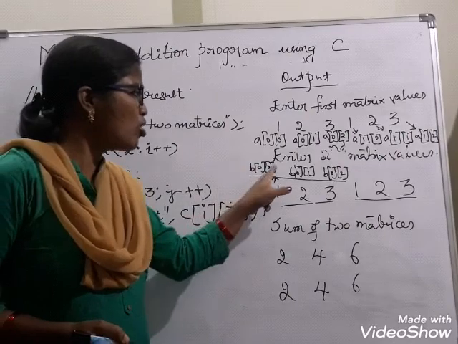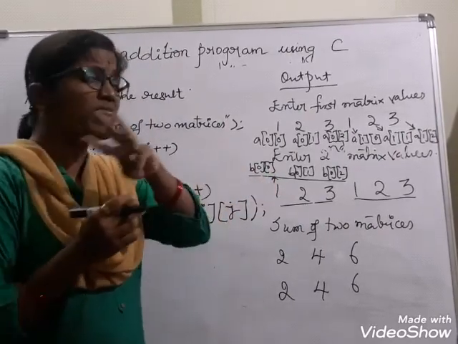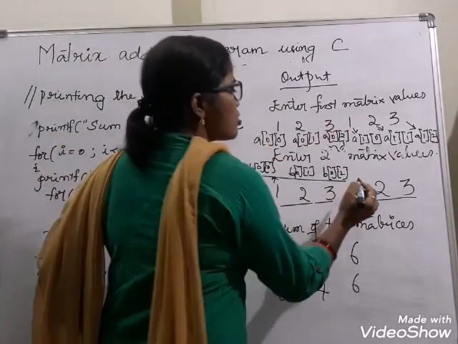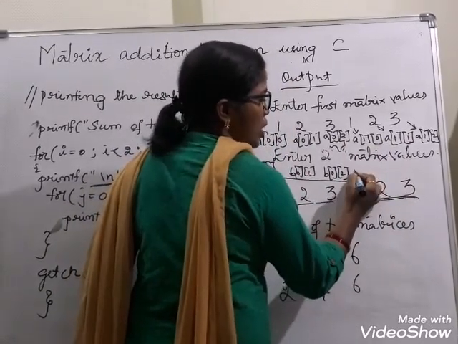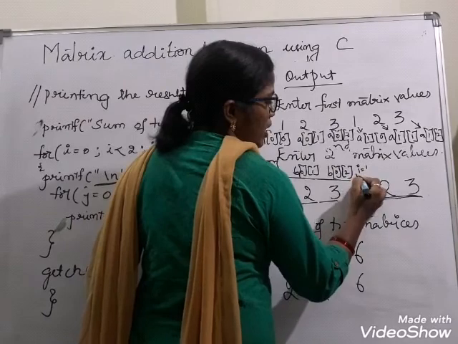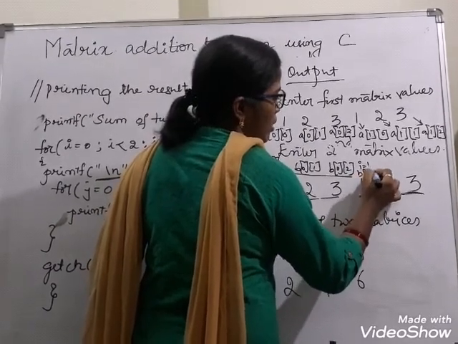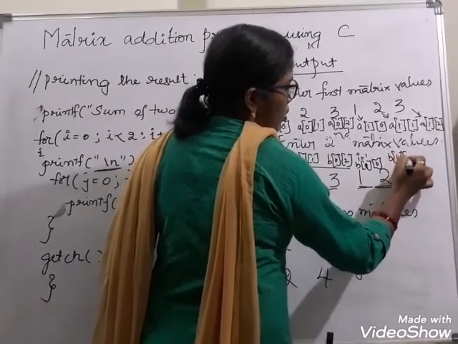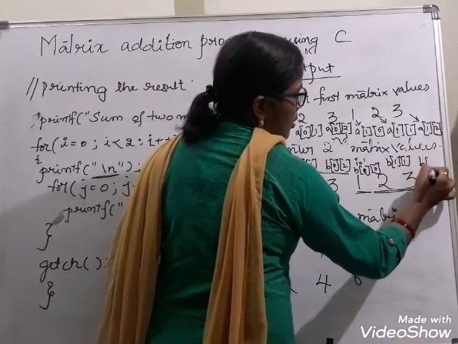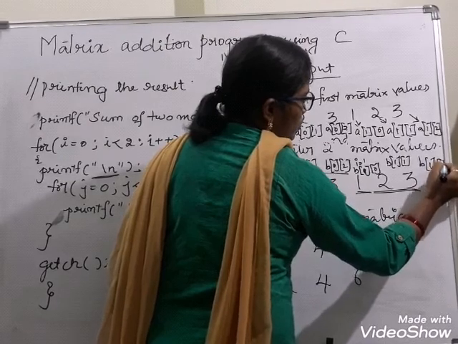So for 0, the inner loop is repeated three times, whereas this is also repeated for the second value when your i value is incremented by 1. So when i value became 1, it will be B[1][0], B[1][1]. This is B[1][2].